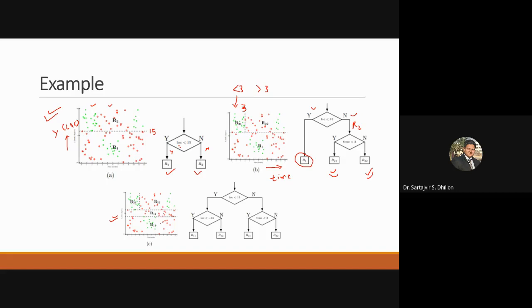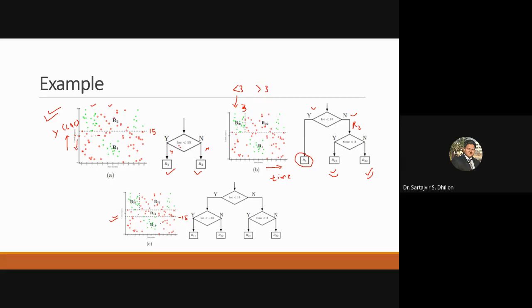To divide this part, you can simply use minus 15. This is actually representing a reference line. Above this reference line it is representing positive, and below this reference line it is representing negative.